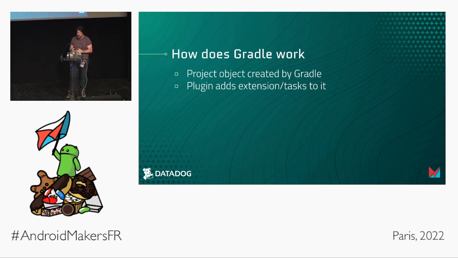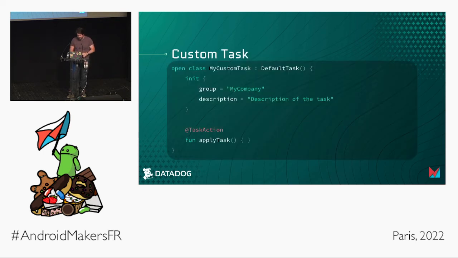So the extensions is basically when you have a block with curly brackets, like android, this is an extension that's added by the Android plugin. When you have kotlin and a block, it's something that's added by the Kotlin plugin, and so on. You know what I mean.